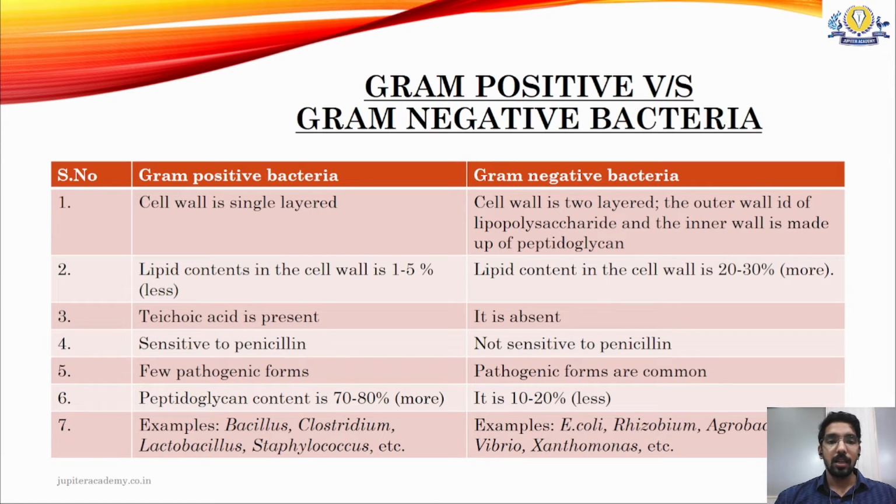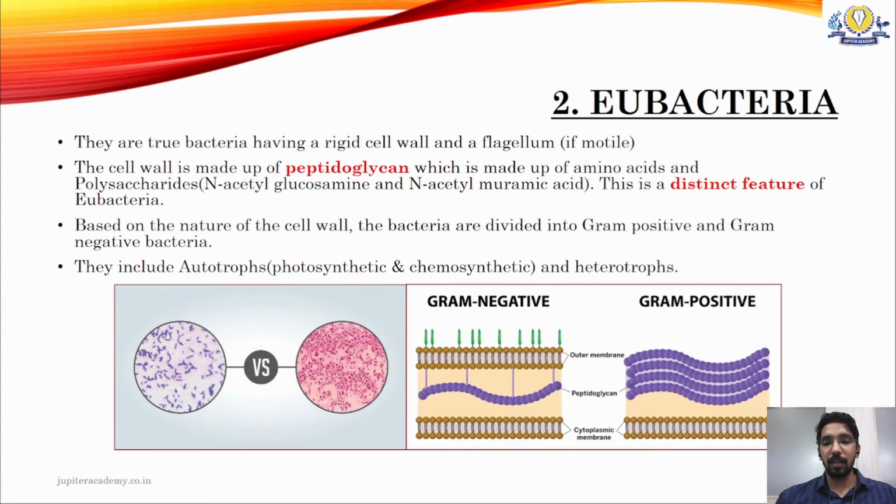Gram-positive bacteria generally have a single layer cell wall. Do not get confused, here you see 4 layers, but the 4 layers consist of only 1 layer, whereas in gram-negative bacteria you will see that there are 2 layers: a peptidoglycan layer as well as an outer membrane. Both of them comprise the cell wall, whereas in gram-positive bacteria there is only a uniform layer of peptidoglycan.